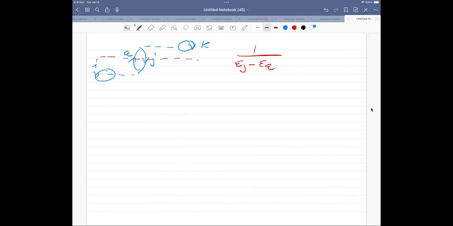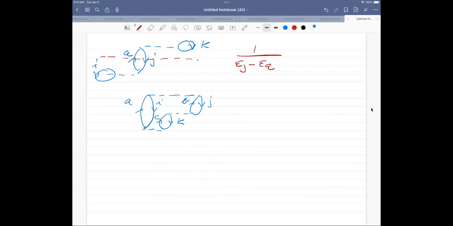Let's look at another example. It's always useful to look at examples. Let's look at a diagram like this. We have a state here, and then we have A and B, I and J, and this will be a C, and this is a K. This is a term to third order perturbation theory.